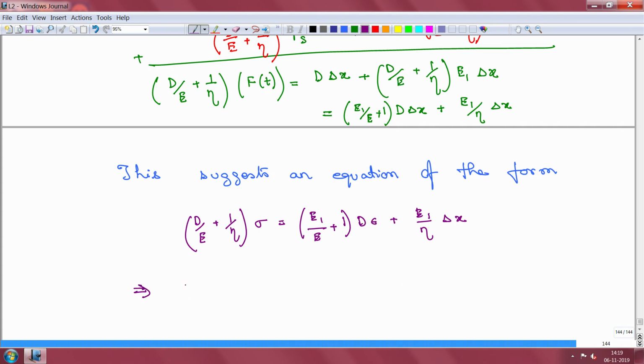Or basically this is my sigma dot, I just take this operator and because this is d dt, I am just changing the form of this, and then here you have (E1 by E plus 1) epsilon dot plus E1 by eta epsilon.